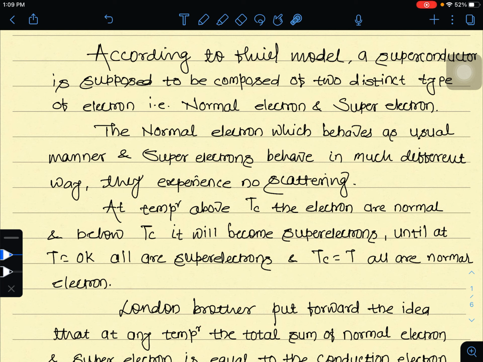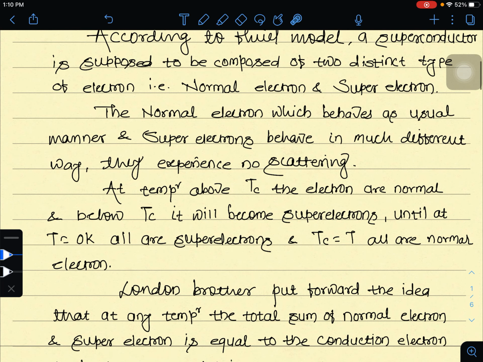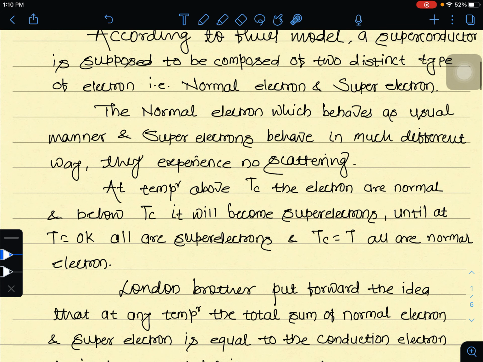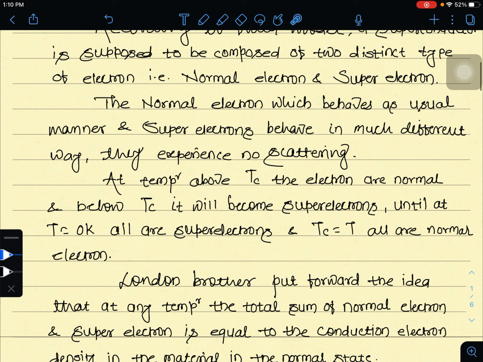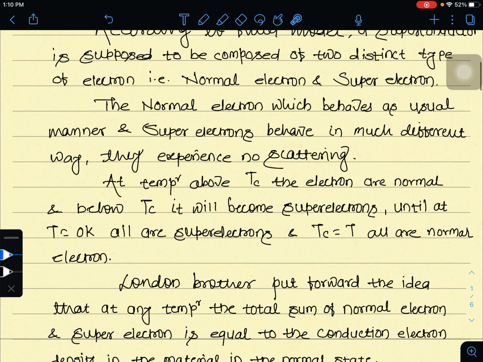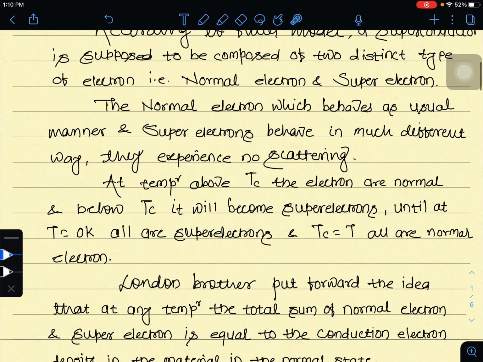Above the critical temperature of that superconducting material, the electrons behave like normal electrons. But when the superconducting material goes below the critical temperature, the electrons turn into super electrons.